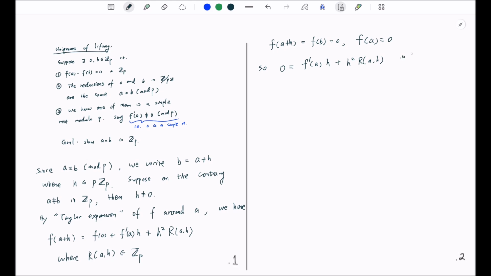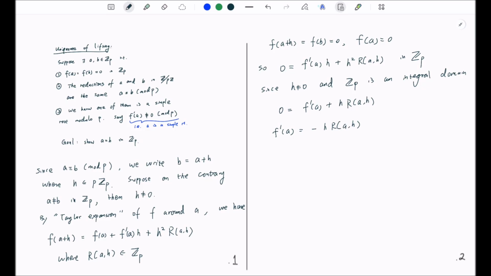Now, since h is not equal to 0 and Zp is an integral domain, we can cancel h from both sides. So 0 is equal to f prime of a plus h times r of a comma h. And if you move this to the other side, we get f prime of a is equal to negative h times r of a comma h.